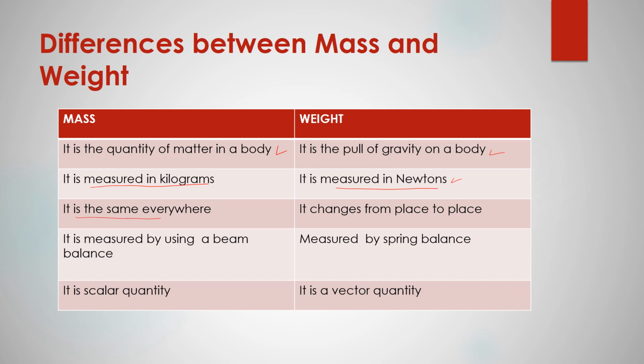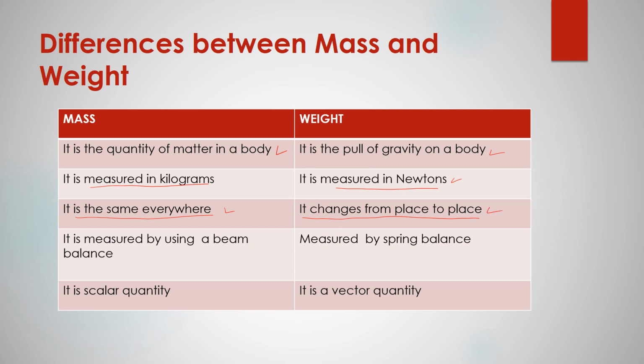Mass is the same everywhere. Mass doesn't change from place to place: on the moon, on the surface, on the mountains, on the beach, on another planet. The mass of the object doesn't change, but the weight of the object changes from place to place.